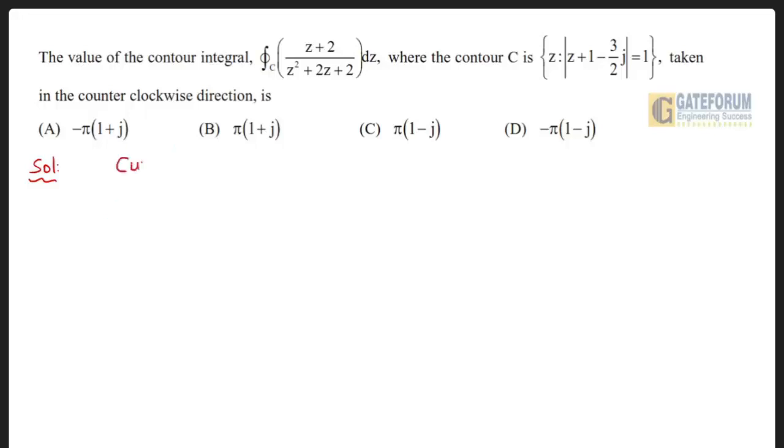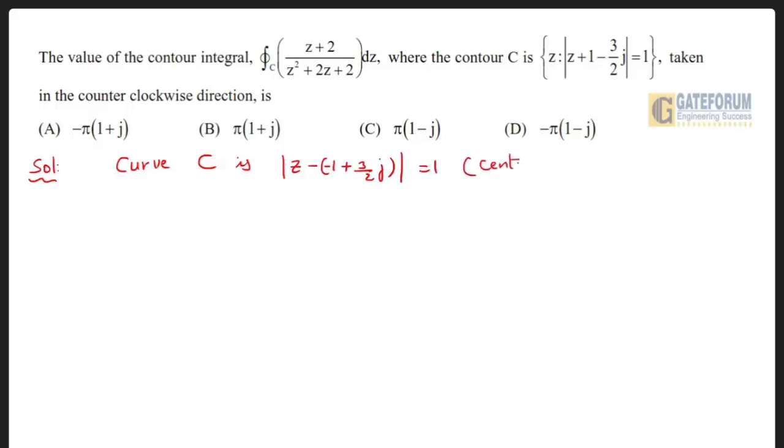Curve C, that is, the curve equation is mod z minus of (minus 1 plus 3 by 2 j) is equal to 1.